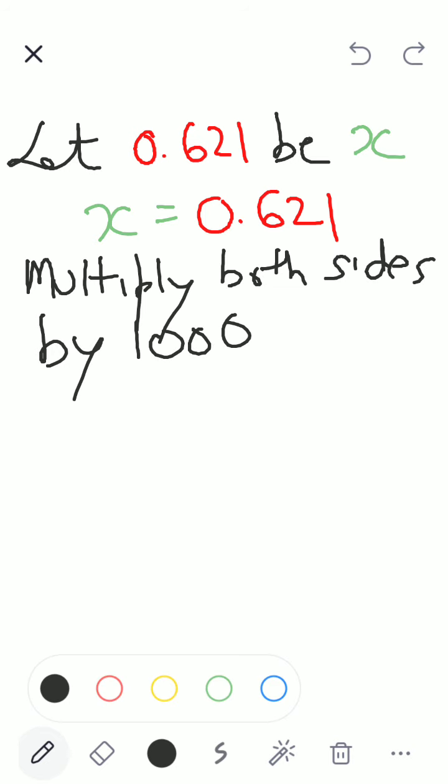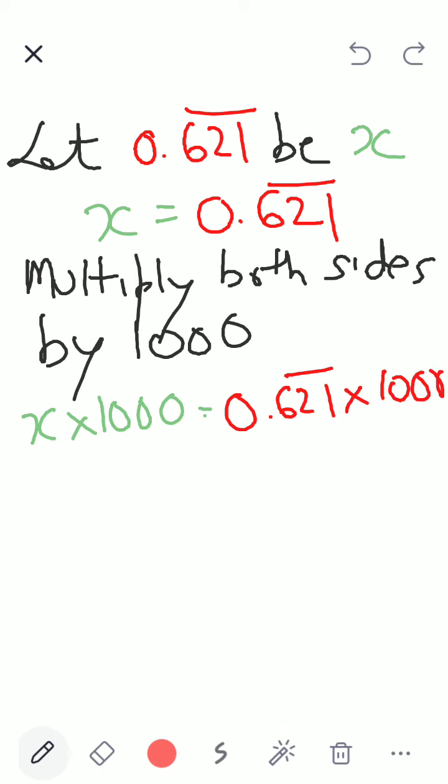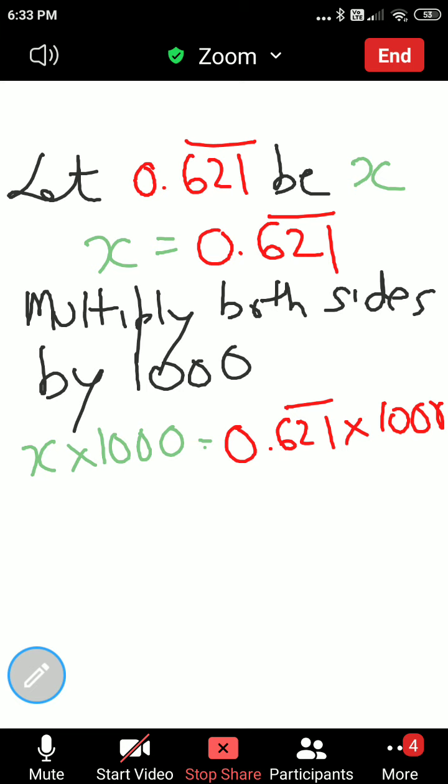So what I'll get? I'll get x multiplied by 1000 equal to 0.621 recurring into 1000. Both sides are equal. Okay, very nice.